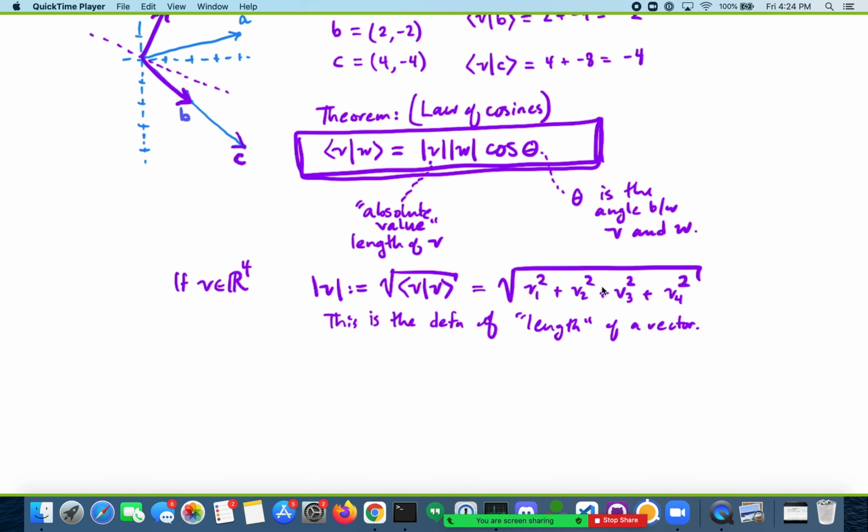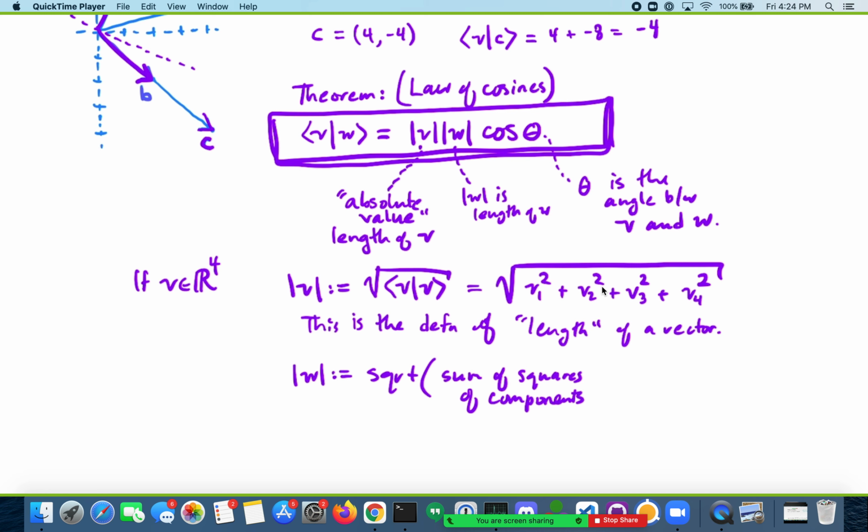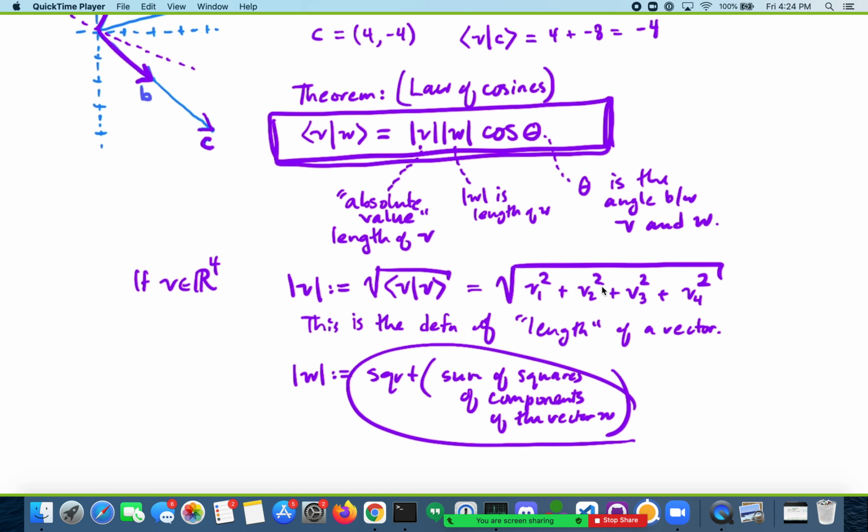Okay, and then there's the length of W, which again is obviously just the square root of the sum of squares of components of the vector W. So this is the same as that.